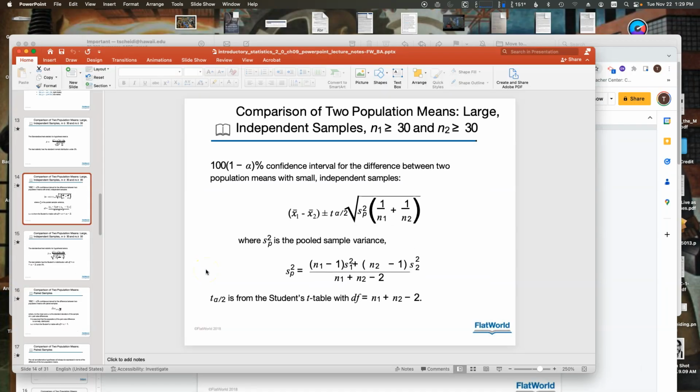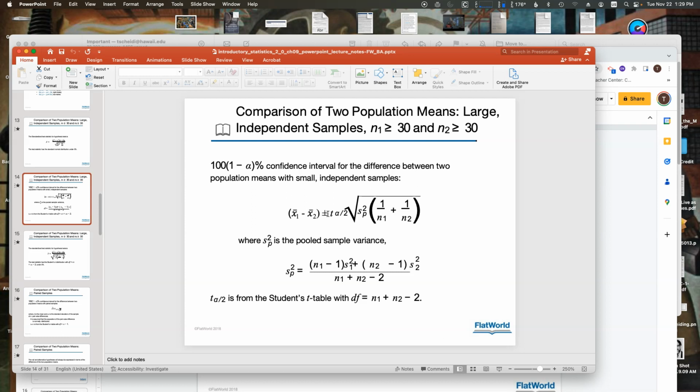Okay, so when we look at constructing the confidence interval, our structure here would be the difference of our means, plus or minus, and now we're going to do it for the t statistic instead of the z statistic. So remember, when we're using the t statistic, the difference is whether we're dealing with a large independent sample or a smaller independent sample.